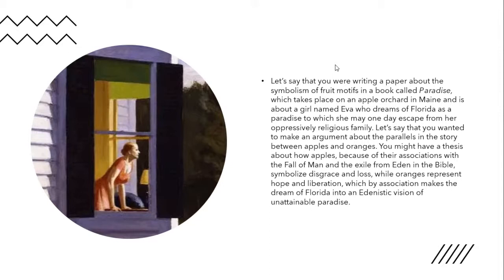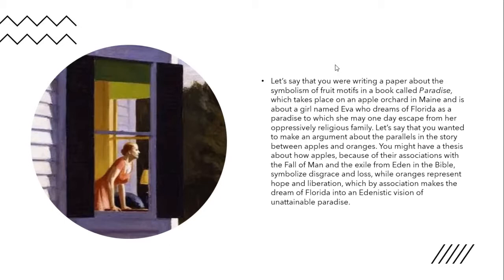Right? So obviously this isn't a fully formed thesis, but you can see how it might be developed into something that goes beyond just a statement saying that in the book Paradise, there are a variety of similarities and differences between the motifs of the apples and the oranges that run throughout the whole work, or something like that, right?